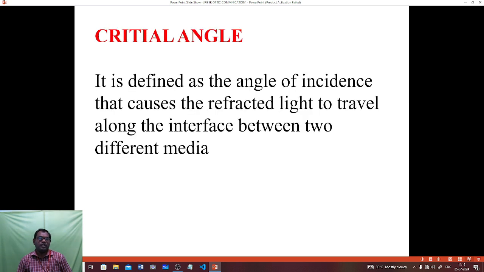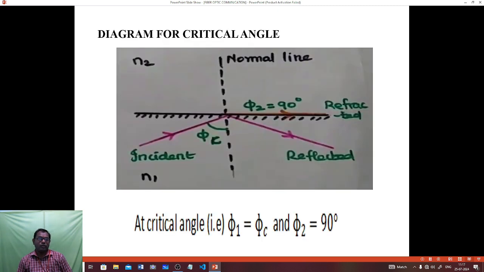The critical angle is defined as the angle of incidence that causes the refracted light to travel along the interface between two different media. So the critical angle is based on the angle of incidence. We know that light travels along the fiber in the core. Here the diagram represents the critical angle.